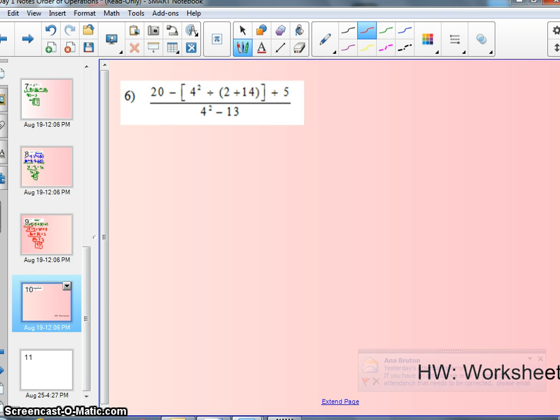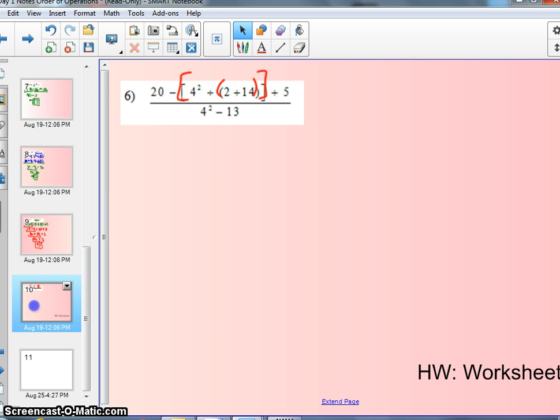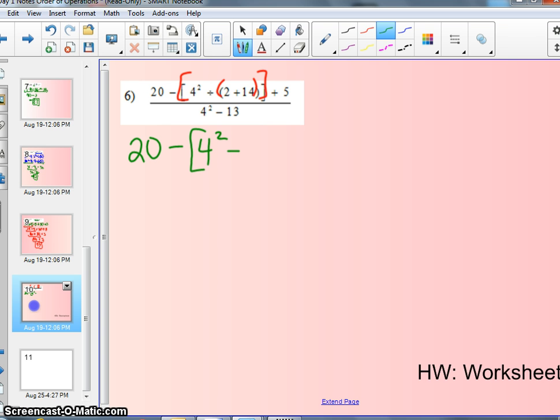And then the very last one, we've got all kinds of things happening here. So let's start with parentheses. We've got 2 sets of parentheses. We've got this inside here, and then these brackets are another form of parentheses. So we have 20 minus, I'm going to leave the brackets for now because I want to do the inside parentheses first.